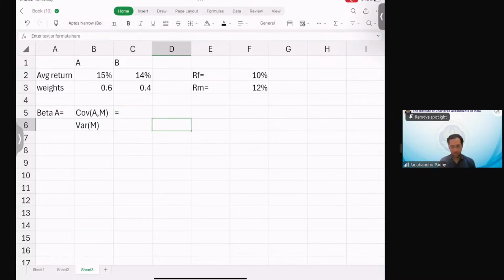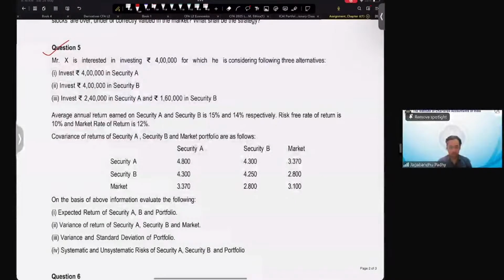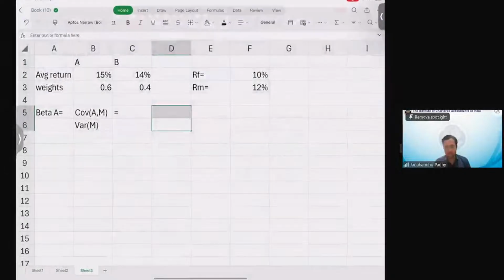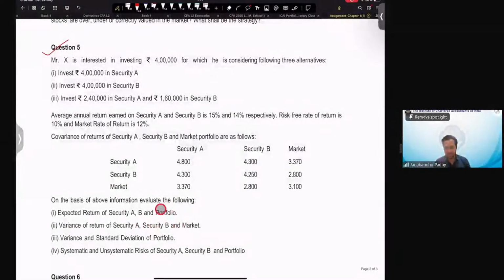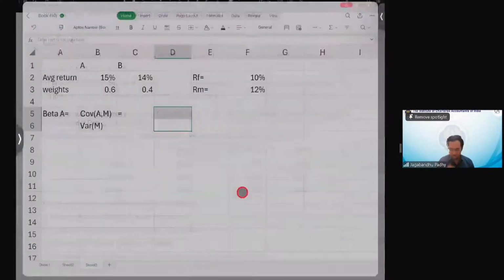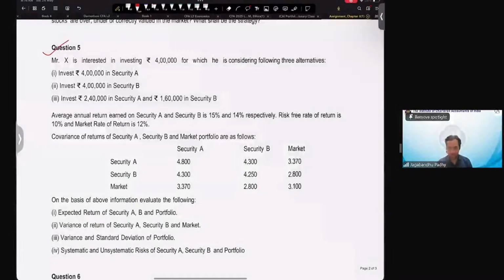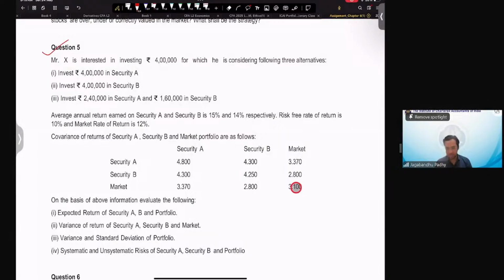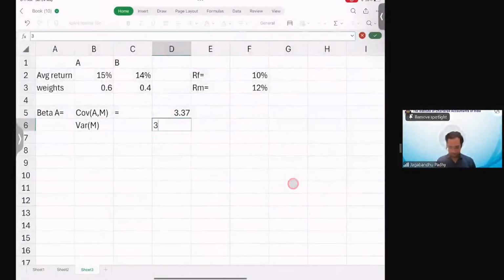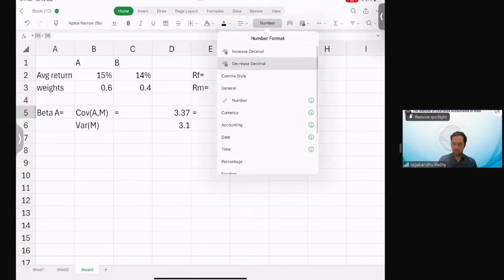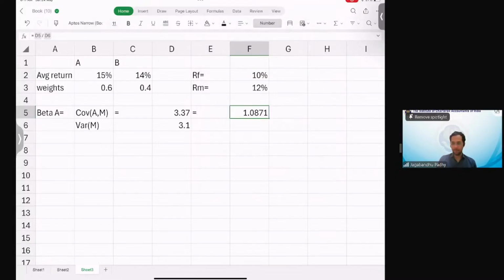The covariance between security A and market is 3.37, on the variance of market, which is the covariance between market and market itself, 3.1. That's 3.37 divided by 3.1, which is 1.0871. That is beta A.